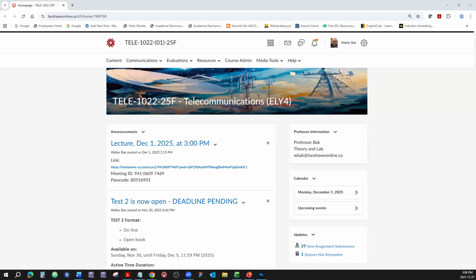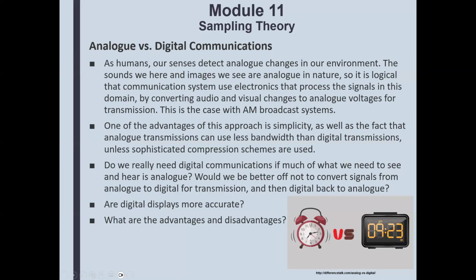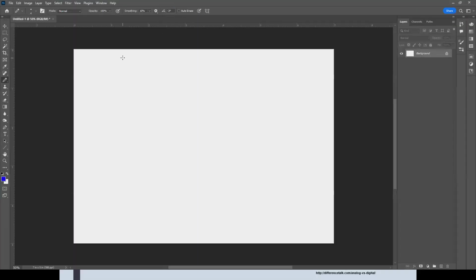So let's do today's class here. F5 starts the show. All right. So we have a sampling theory. Before we start that, I'm going to bring up my board and show something here. All right, let's say we have X and Y axes.